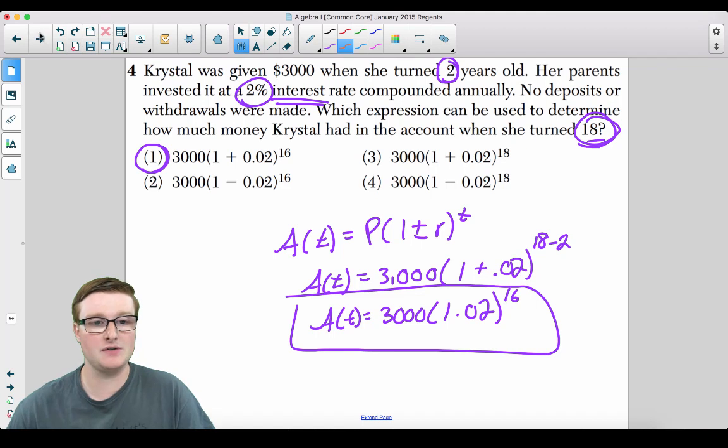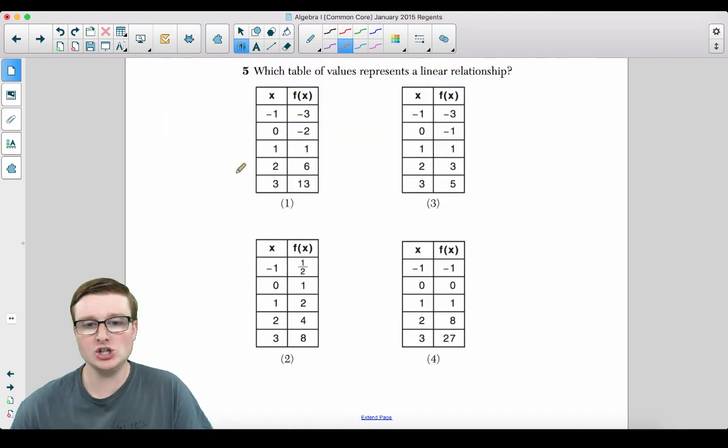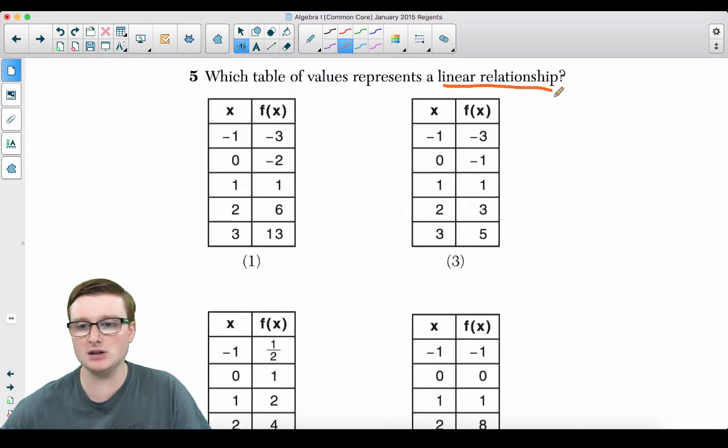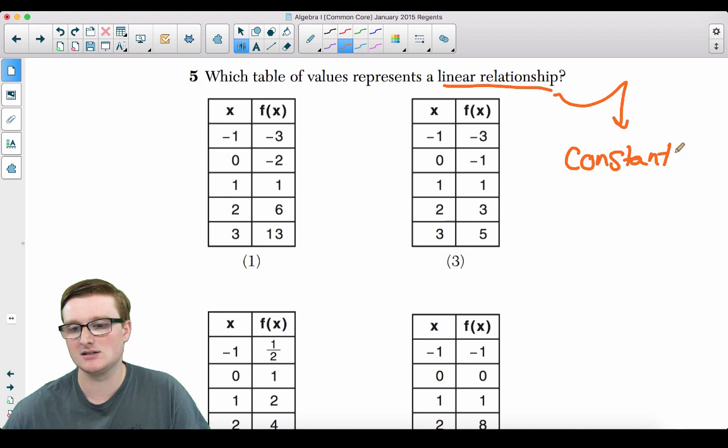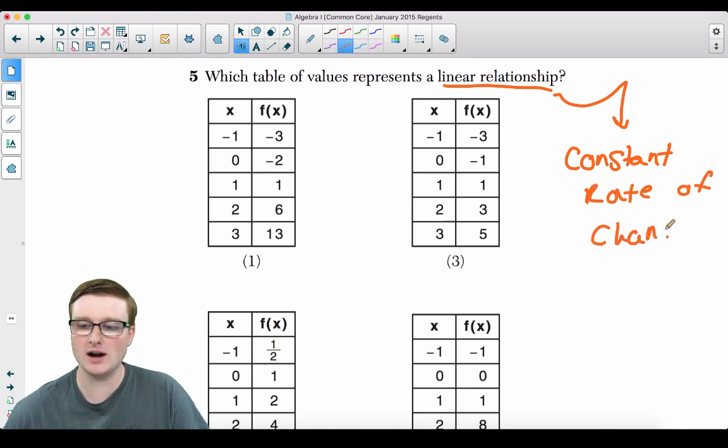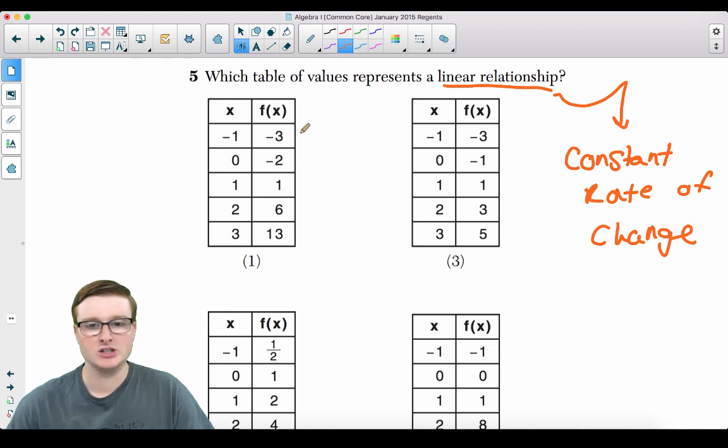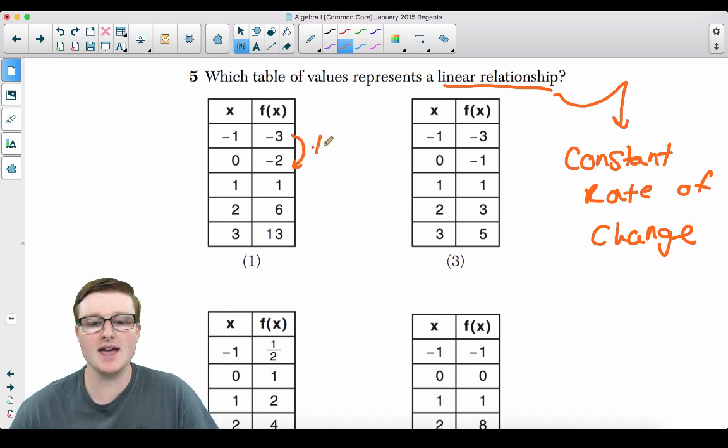All right, moving on to question 5. Which table of values represents a linear relationship? Now, when you think of linear relationship, you are thinking of constant rate of change. So you are not looking for any exponentials. So if we look at choice 1, to get from negative 3 to negative 2, we add 1.